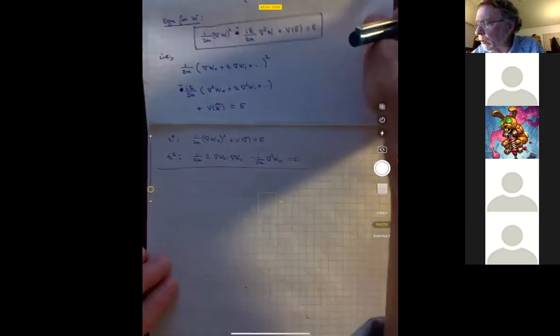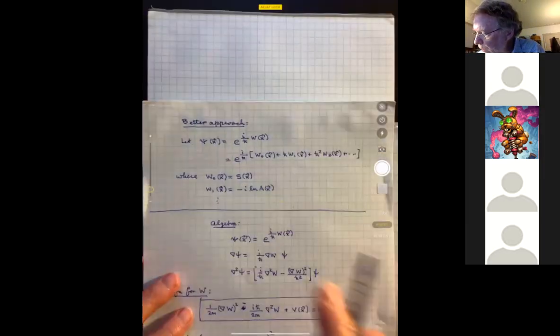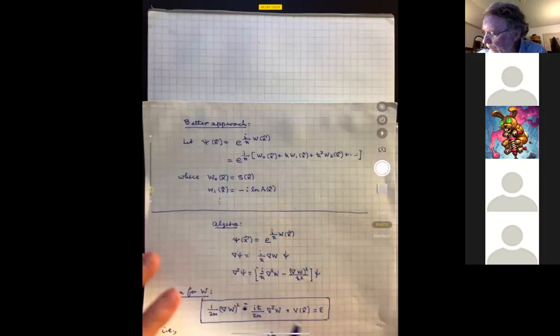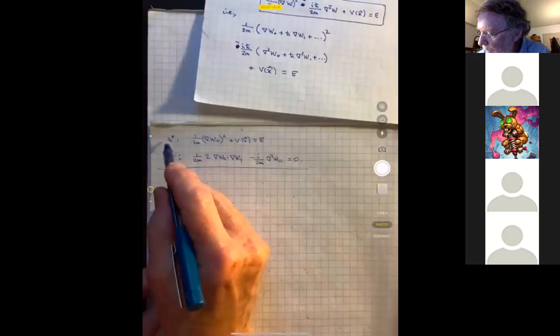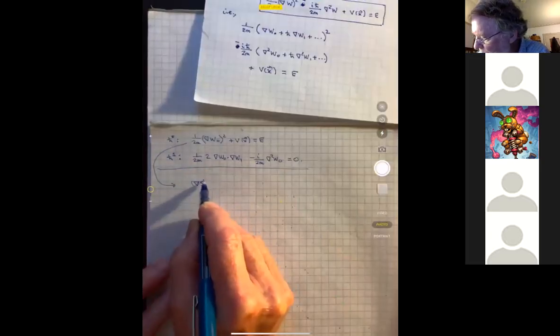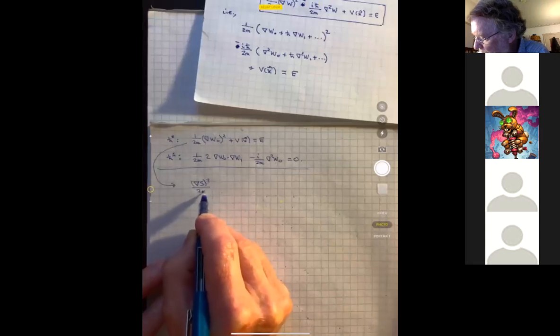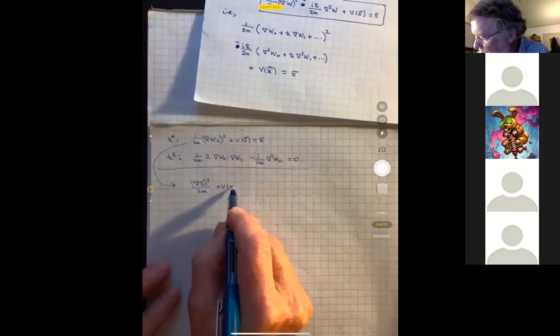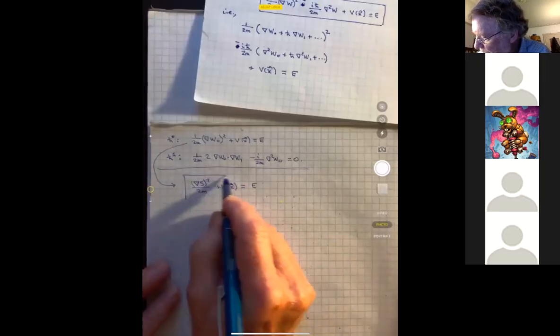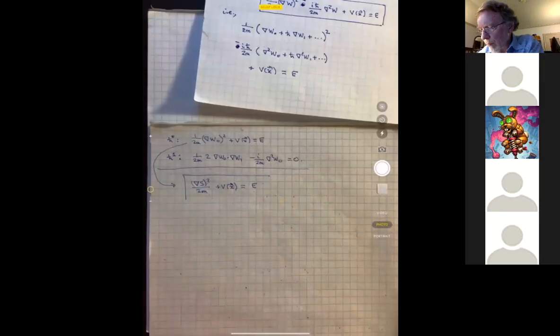And what we want to do is to put it into the more transparent notation. W0 is S and W1 is minus i log A. Let's do that. If I do that with the first equation here, what I get is gradient of S squared divided by 2m plus the potential V of x, and this is all in 3D now, is equal to the energy E. And let me box that.